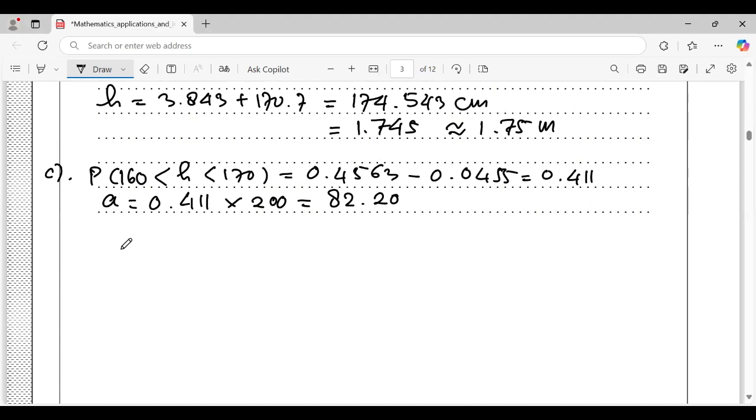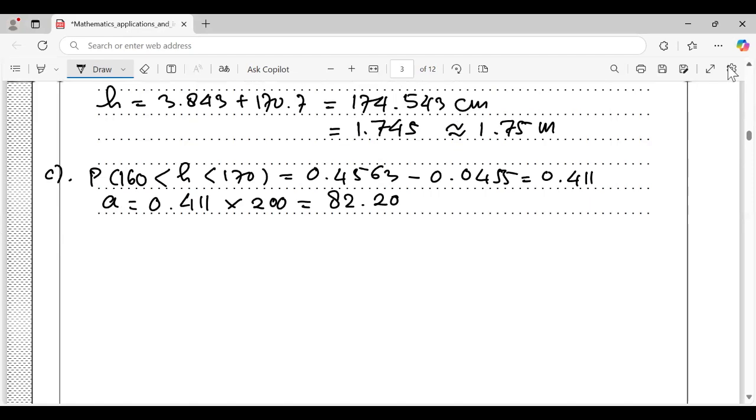Next, for the probability that a height falls between 170 centimeters and 180 centimeters, we are going to calculate. I'm going to use this based on the information on the table.